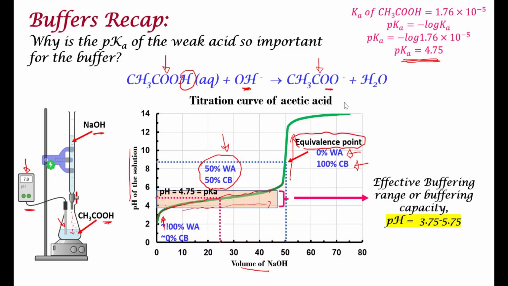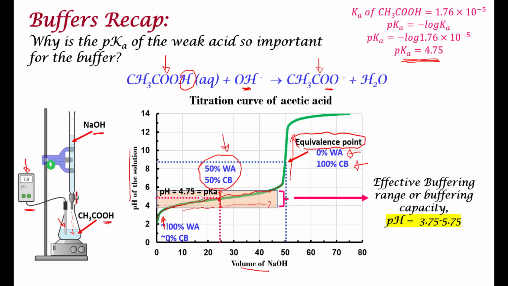In that region, the pH is not changing a whole lot, and that region is centered around the pKa. So if you go 1 unit on the pH scale above the pKa or below the pKa, what this is saying is that your pH is not going to change a whole lot, and that will be the ideal region for making the buffer.